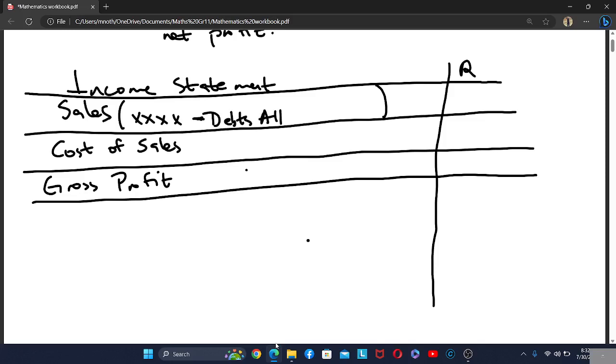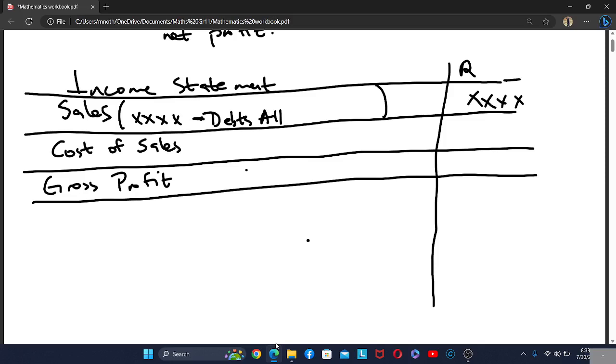Then you go to the adjustments or the information and check if there's anything that is affecting the sales. If there's nothing affecting the sales, then you come here and get the amount.